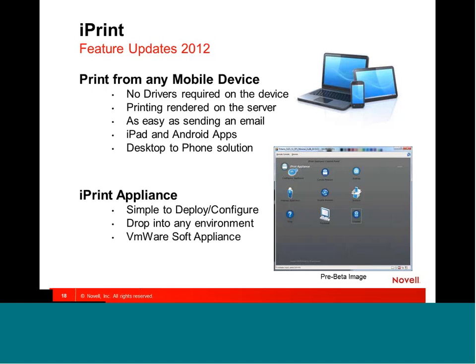So anything that can send email, like if you've got a toaster that can send email, we'll be able to print that email. And that also includes the attachments that go with it. So if you have a Microsoft Office document, a PDF, or even the text or HTML that's in that message, we will render that job and print it out to your iPrint printers. So this is integrated with iPrint, and it's an additional capability that we're adding.